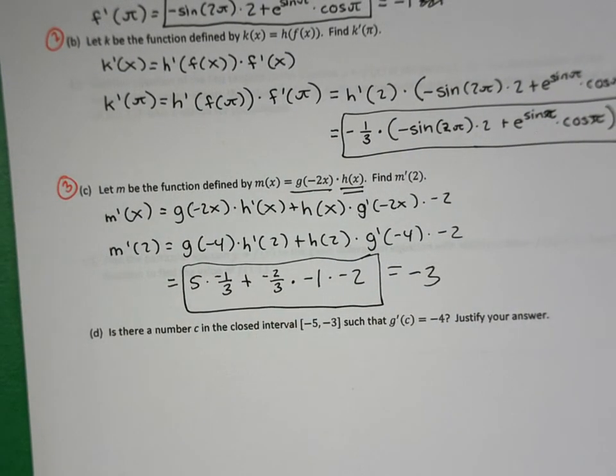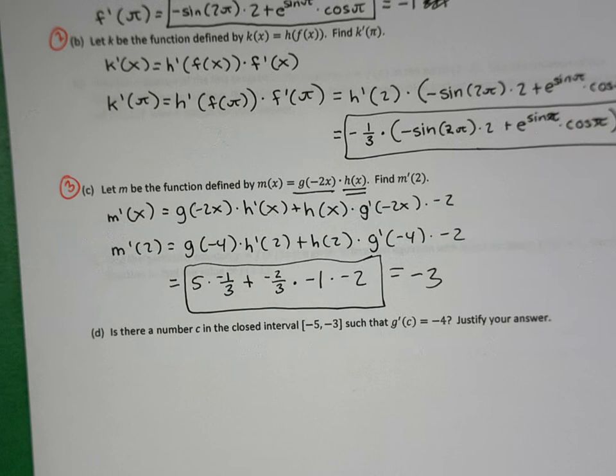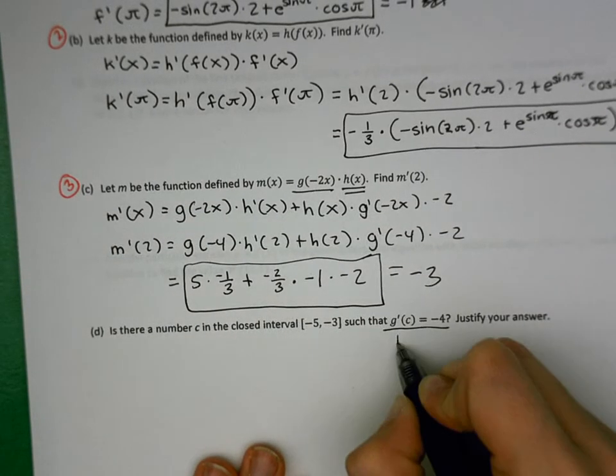Okay, last one, part D we have, is there a number C in the closed interval negative 5 to negative 3 such that g prime of C equals negative 4? Again, we've talked about this a number of times, starting with the beginning of the problem before this one, the 2019 table one, which is that if you are looking to guarantee that a slope exists, that is MVT.